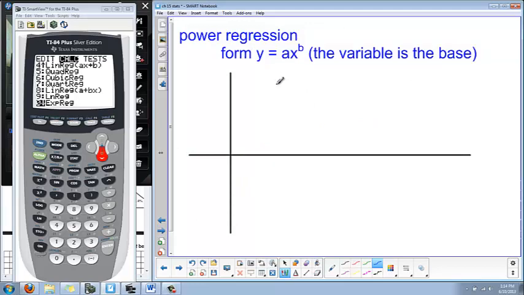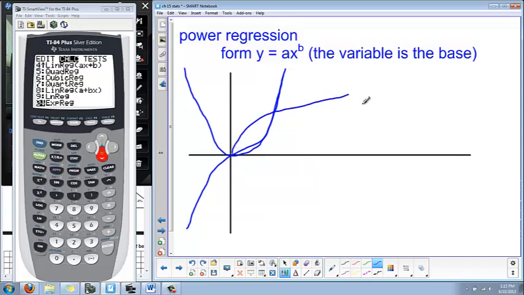Power regression. Power regression is kind of, I don't want to say confusing, but there's a bunch of different equations that have powers, like 3x squared, or 2x cubed, or 3x to the 1/2. So there's a bunch of different power equations that you could see. x squared would look like this. x to the 3rd power would look like this. x raised to a 1/2 power would look like this.